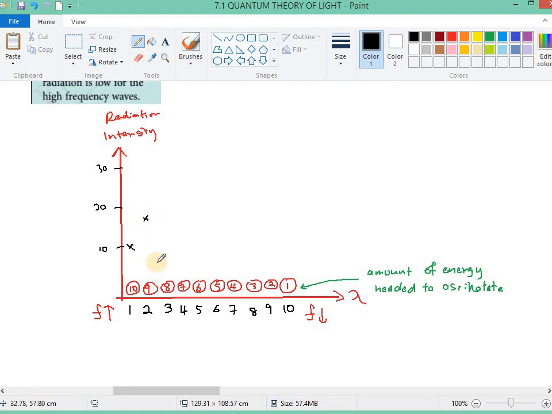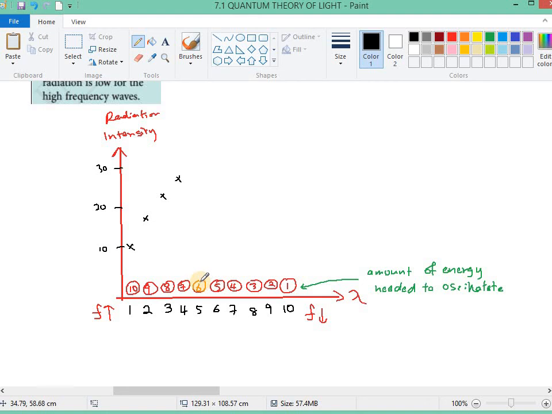And then this one, you have 3 particles that absorb 8 joule. So total 24. So around here. And then this one, 28. Around here.